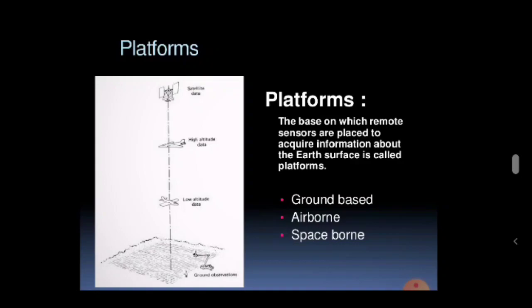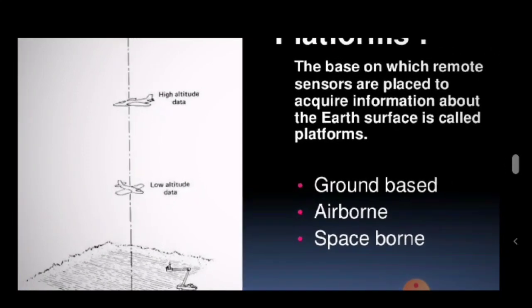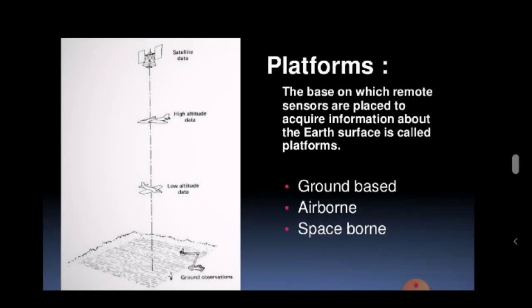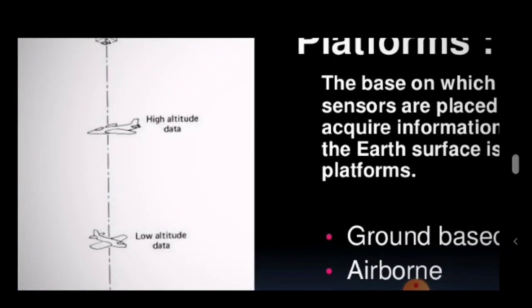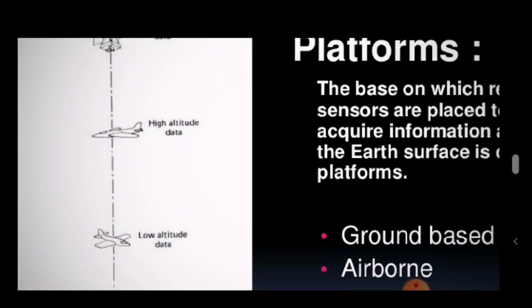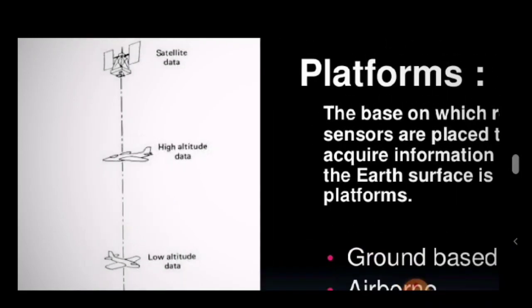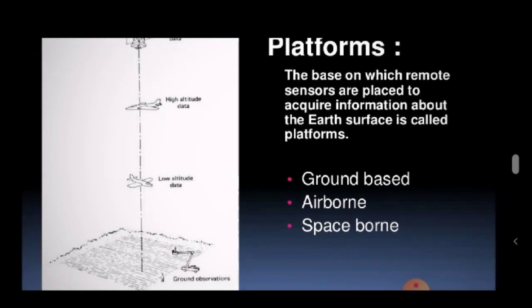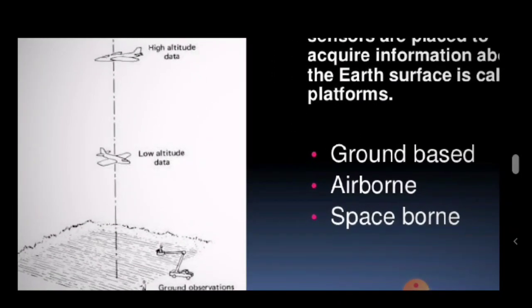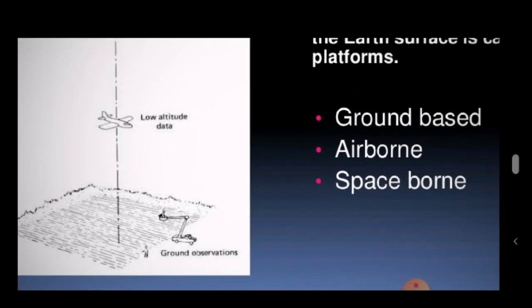So these are examples of platforms. Here you can see the ground, and low altitude data, high altitude data, and satellite data. Low altitude data can be taken from a drone, maybe, then aerial photographs, then satellites. Remote sensing is not only about satellites, I would say. Much more about satellites, but not only about satellites.